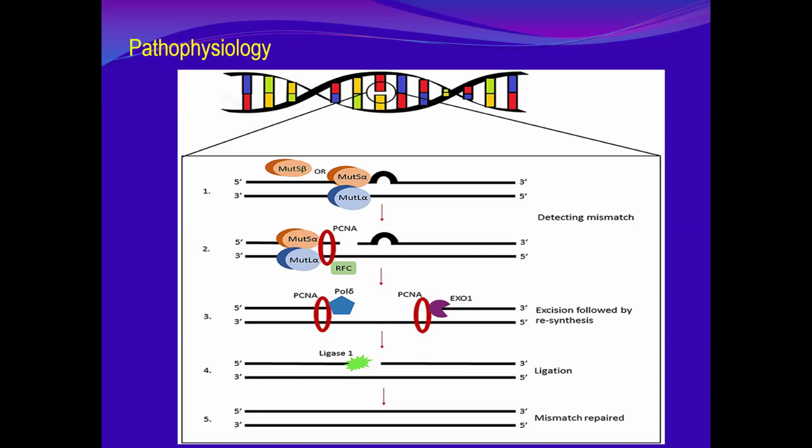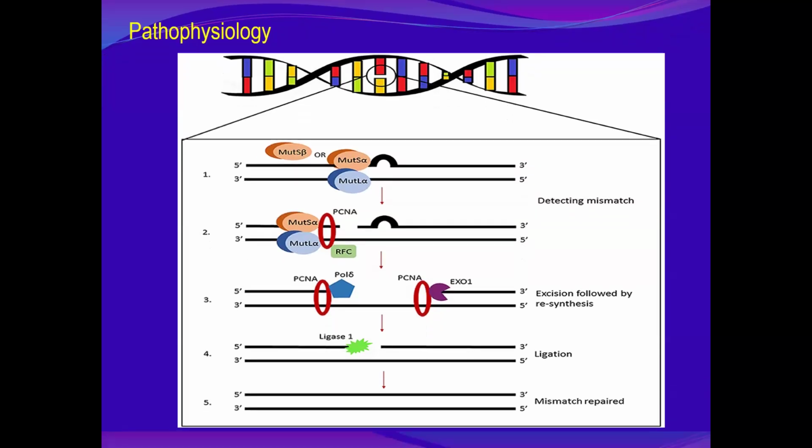mismatch repair genes. Can you see here in these illustrations? There is a defect here, or a mistake. The gene detects this mismatch, and in the process they do excision followed by resynthesis, ligation, and then final repair.